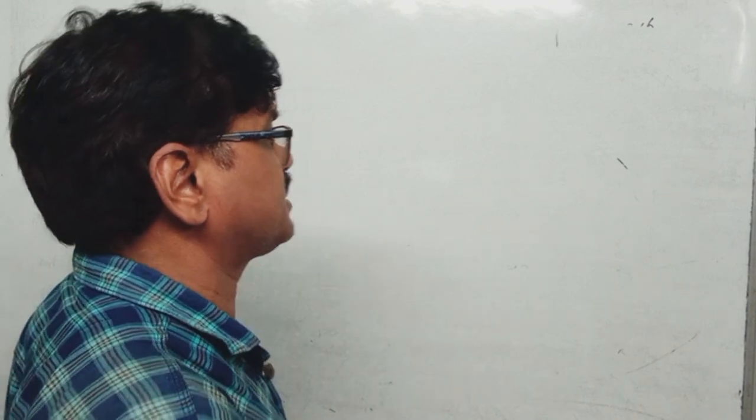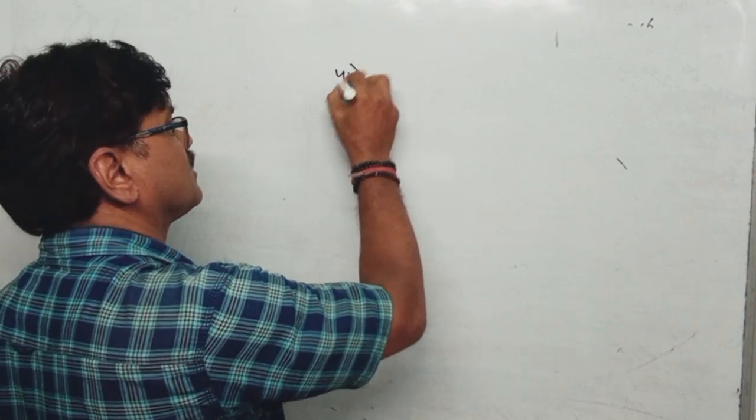Consecutive means if the difference between two numbers is 1, then those are consecutive, like 13 14, 17 18, 100 101. So question is telling you to find the two consecutive numbers whose sum of squares is 365.